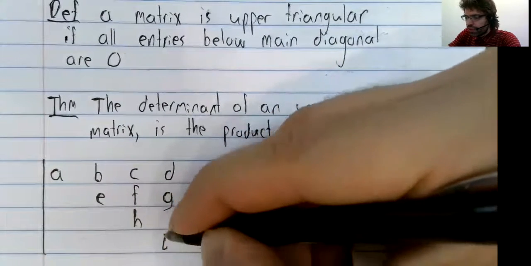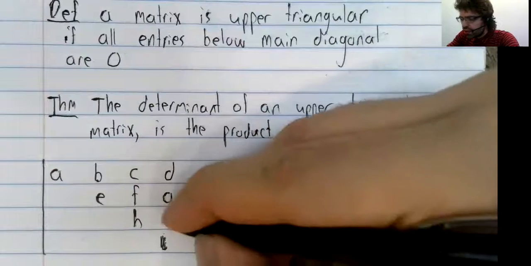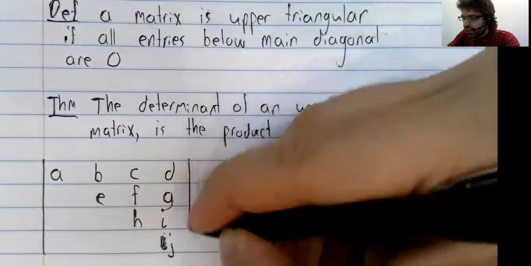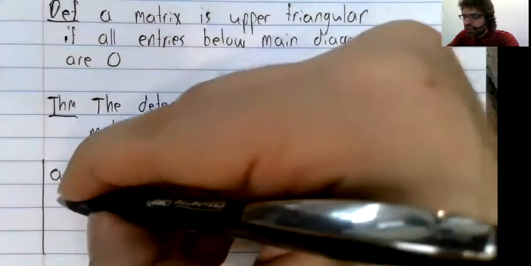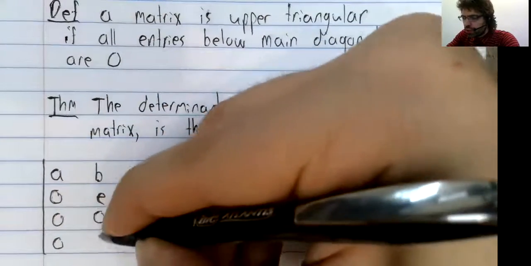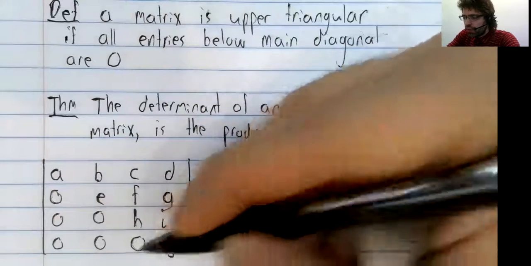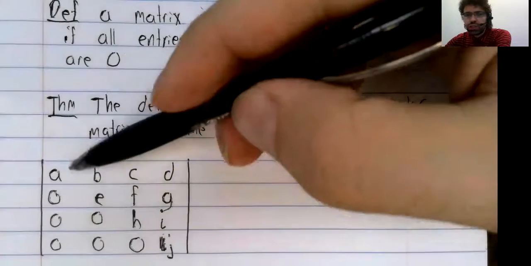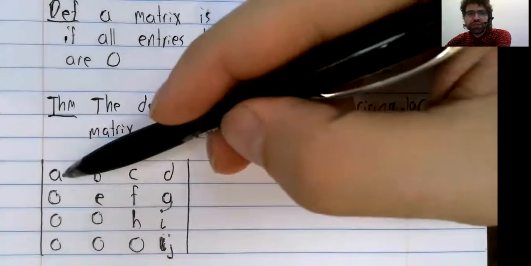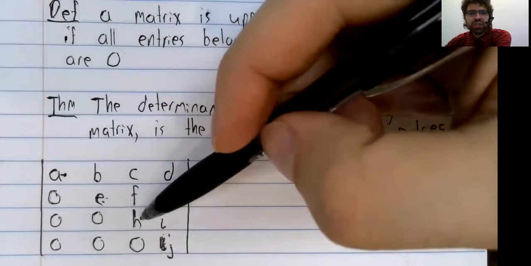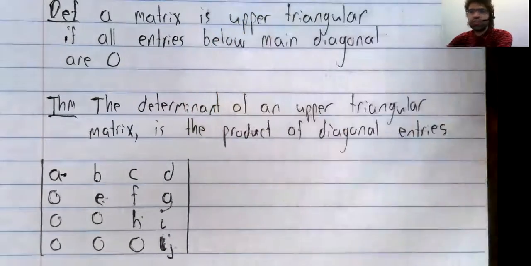And the special case is that we've got a specific dimension. Let's work with 4x4 matrices, and let's show that the determinant of this matrix is A times E times H times J.